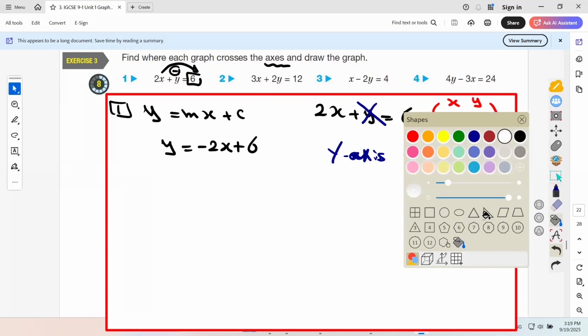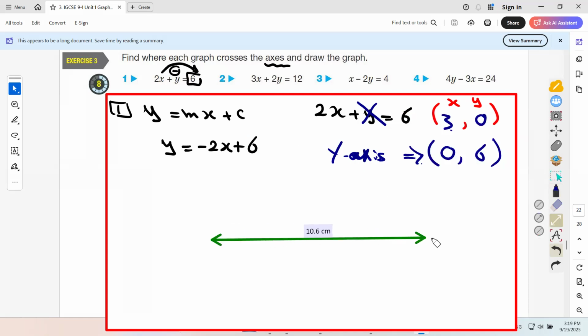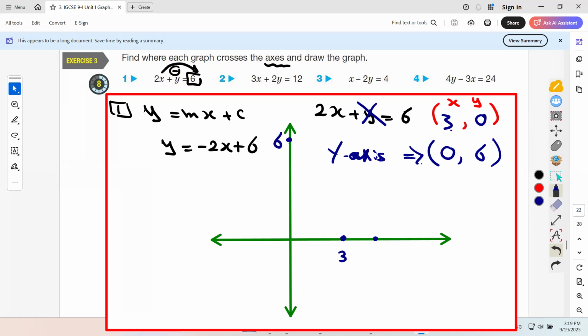When you plot the 2 points on the graph directly, you can draw the straight line. The first one is 3 and 0 on the x-axis, and the second one is 0 and 6 on the y-axis. So the line is like this. It's finished. Nice, very good.